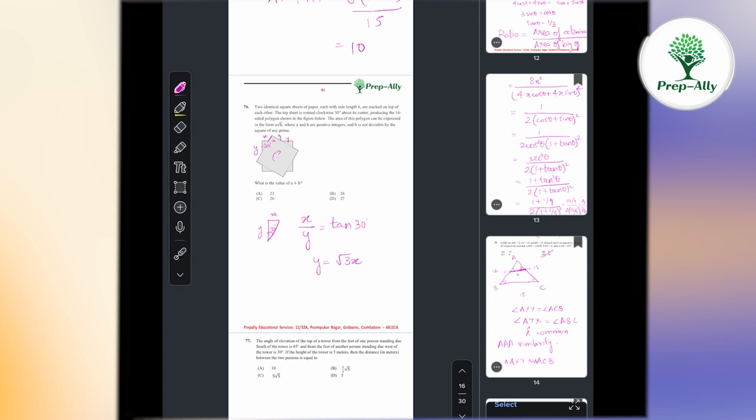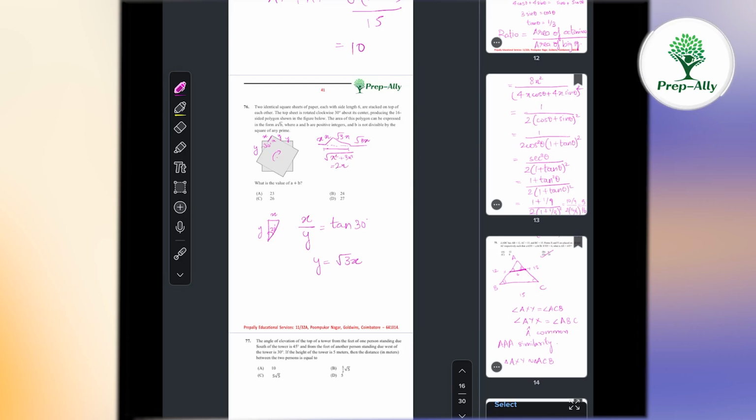So this whole thing here is x, root 3x and root 3x, and this length is the square root of x squared plus root 3x the whole squared, that's 3x squared, which is 2x.